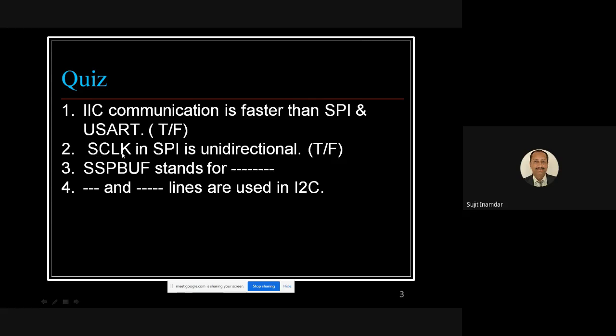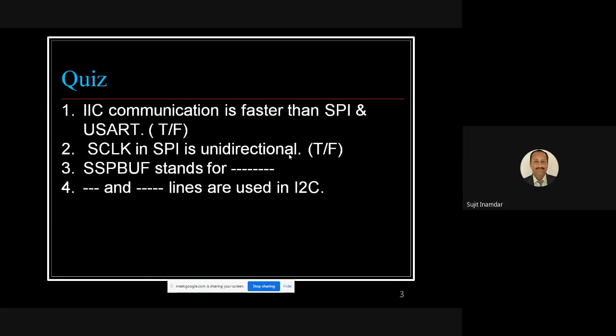Then, SCLK, that is the serial clock in SPI, is unidirectional. That means it originates from one end and goes to the other. That is unidirectional. So is it true or false? If you have observed the block diagram carefully, you will get the answer for this one.